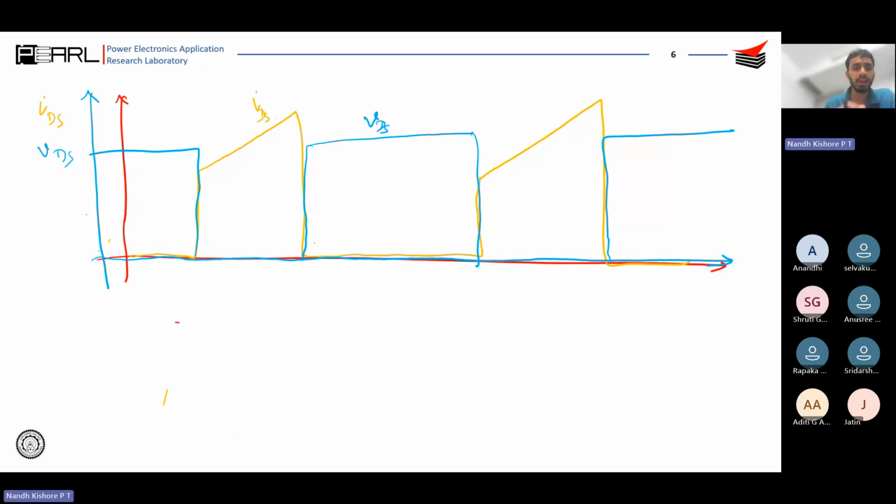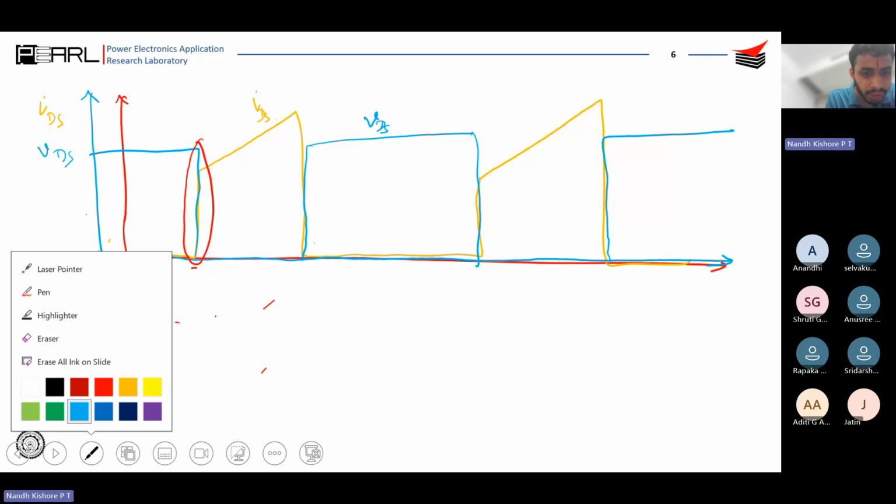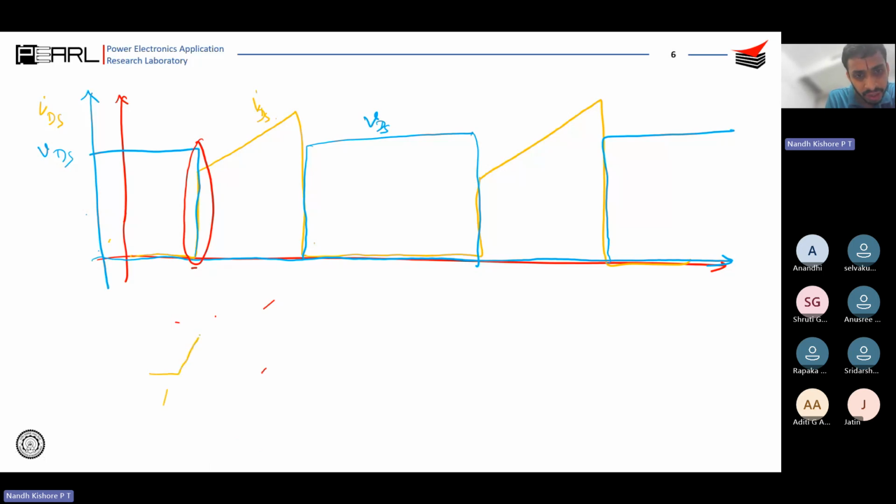Now the point is, what we consider during the normal converter operation is that it is in discrete states. That is, it is either on or off. There is no transition that we consider, right? So what happens during these transitions? For some period of time, let's say you zoom in over here, first the device current will increase something like this.